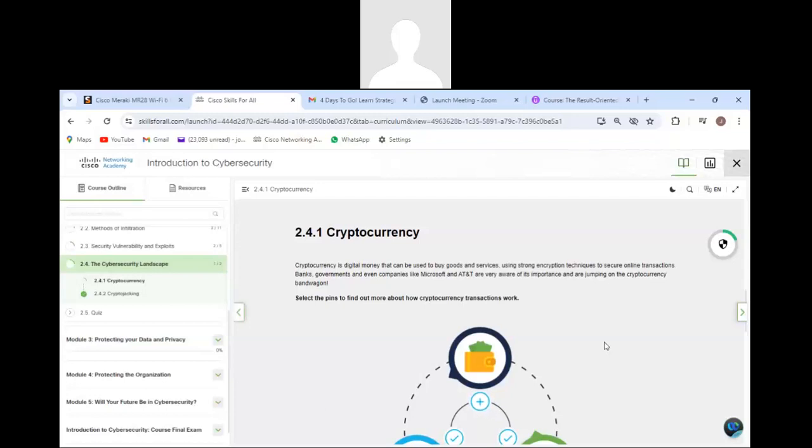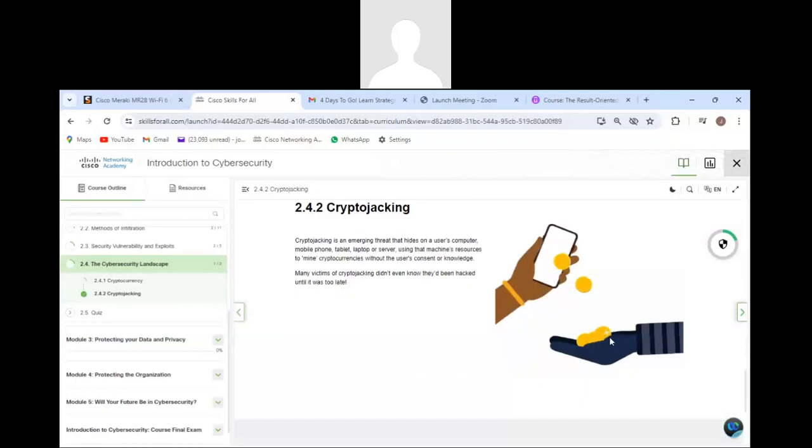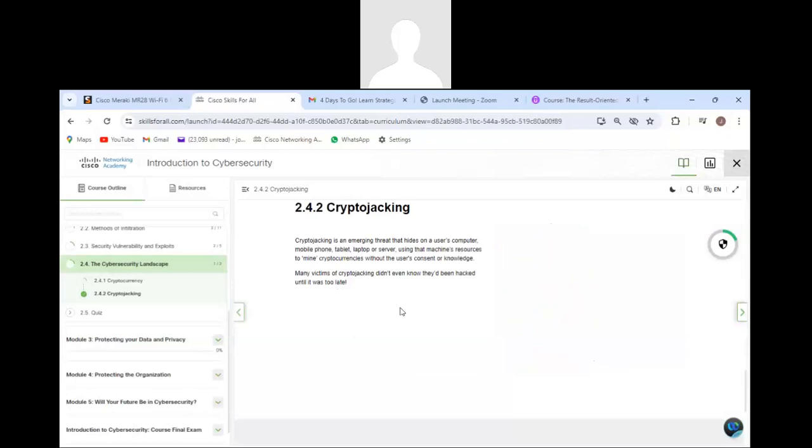But in that case, cryptocurrency is being attacked by what we call cryptojacking. That is, the cryptocurrency environment has been hijacked. The person or the platform being hijacked may not even know. That is cryptojacking.